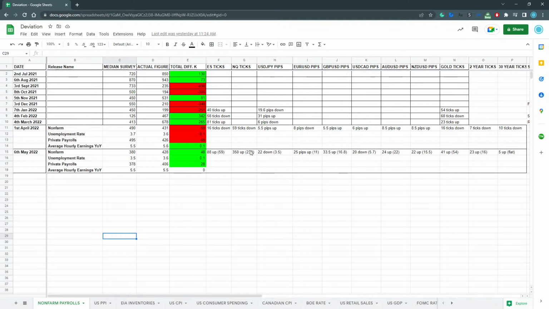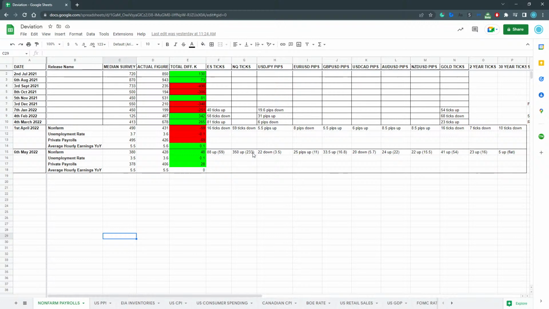Okay, and of course with the Nasdaq, we've seen about 350 ticks towards the upside. Now these figures in brackets represent the movement 10 minutes after the release. So on the initial candle we'd seen about 88 ticks towards the upside, and after 10 minutes the S&P was up by 59 ticks from the initial candle.